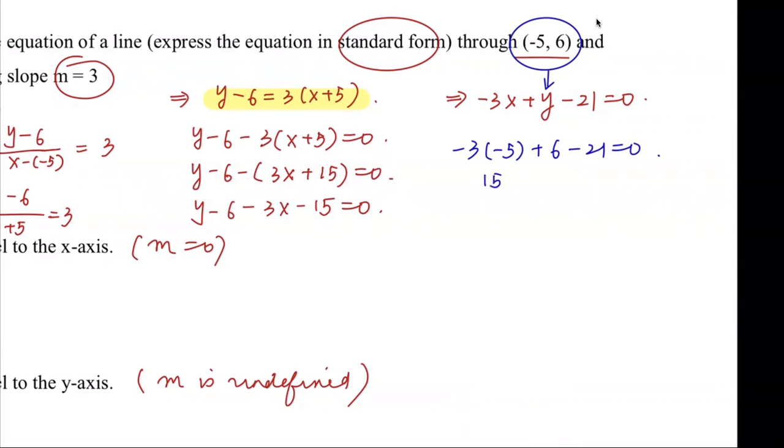So 15 plus 6 minus 21, that's 0. Is it true? Does the equation hold? 15 plus 6, that's 21, right? 21 minus 21, which is equal to 0. So the equation holds. So that means the expression that we found here is correct.